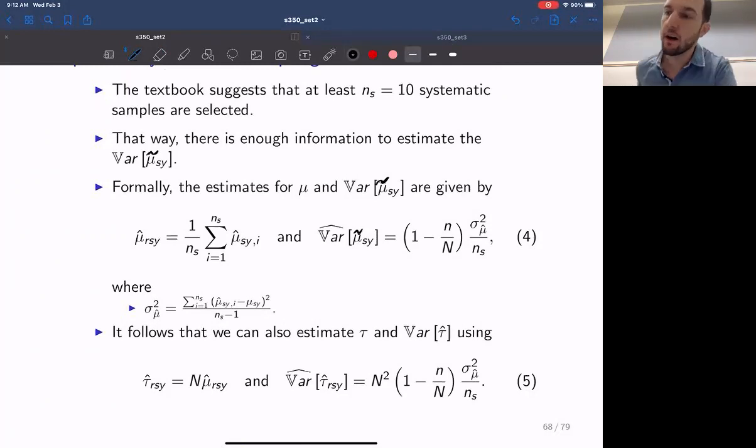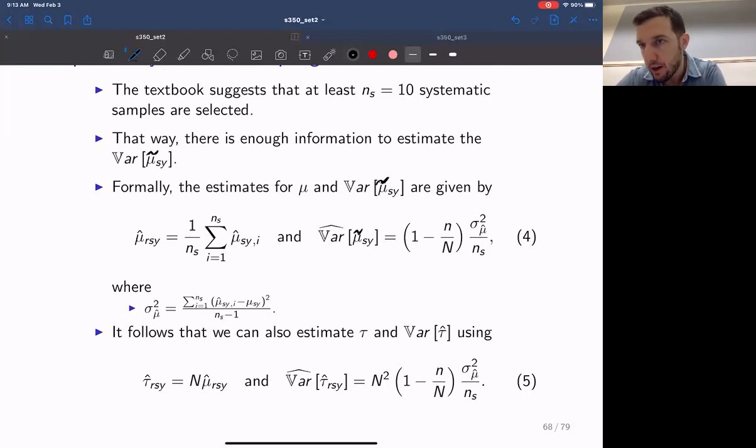So basically, our estimate of the average is just the average across all of the observations in the sample anyway, except that we write it as the average of the averages from each systematic sample. But this converges to the same value. It is the same estimate that we saw in the traditional systematic sampling approach, which is the SRS estimate. It's just written using a different formula.